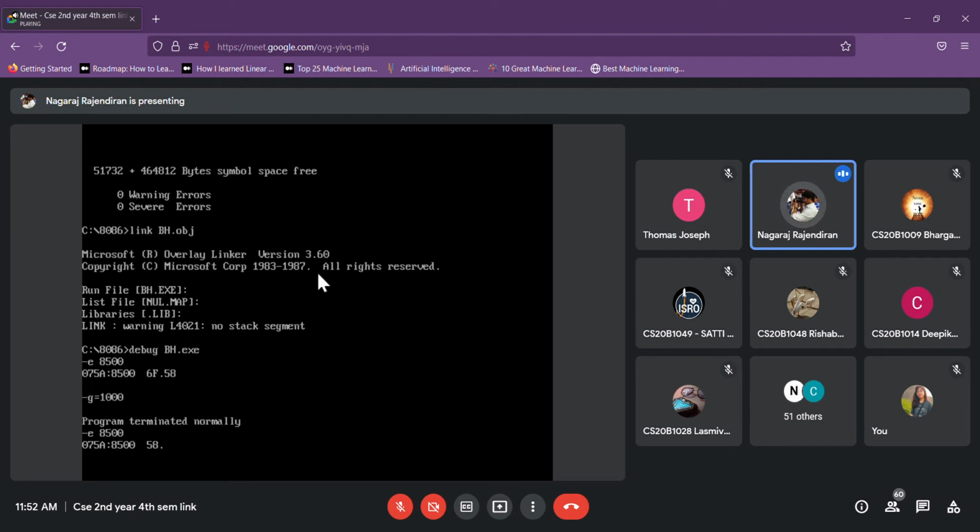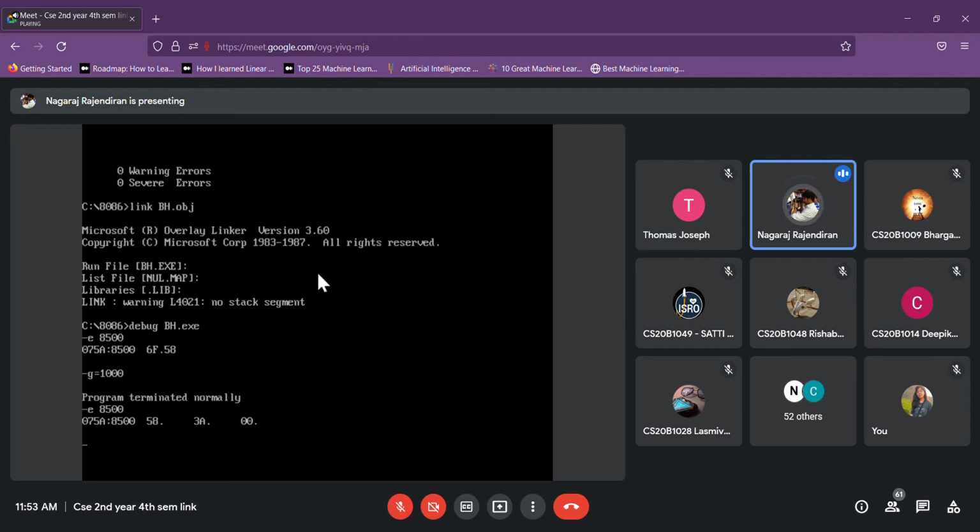The input is in 8500, the input is 58. The output is 3A, so 3A00 will be the output. 58 is your decimal number and 3A is your hexadecimal number. So the conversion of 58 becomes 3A.